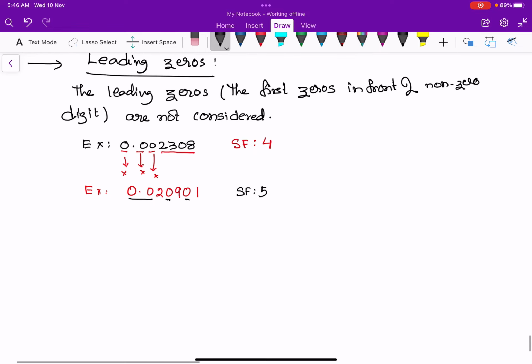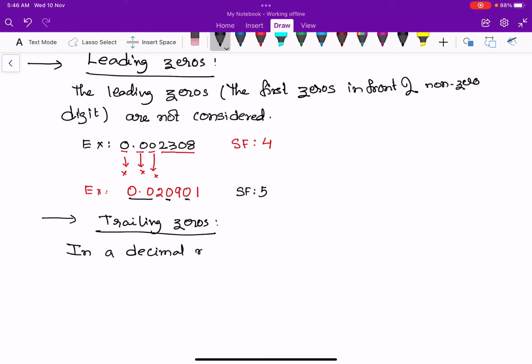Now coming to trailing zeros. In a decimal number, maybe greater than 1, maybe less than 1, the trailing zeros are terminal zeros.